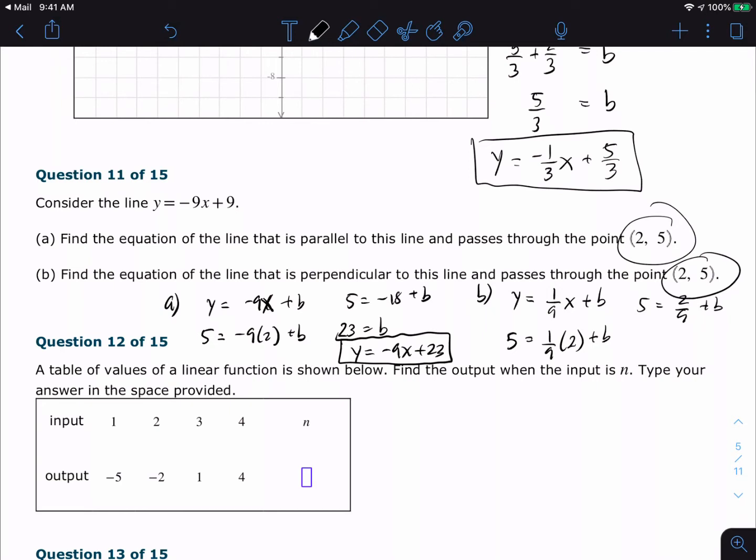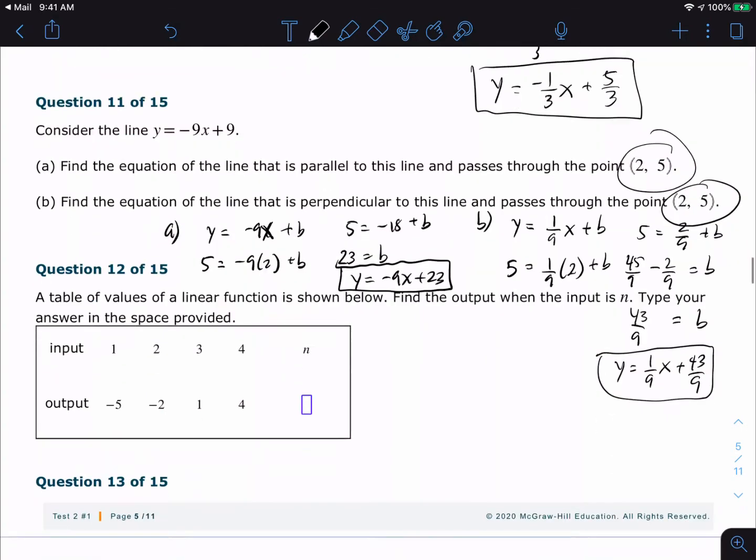Subtracting 2/9, I'll do it this way. 9 times 5 is 45/9, minus 2/9 is equal to b. So b is equal to 43/9. So my second equation is going to be y is equal to 1/9 x plus 43/9.